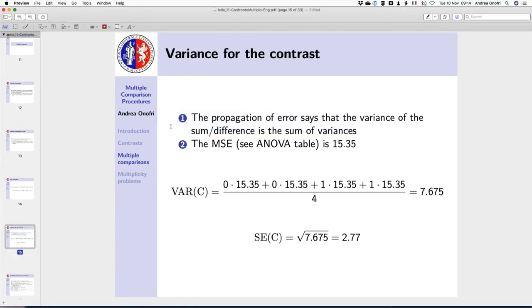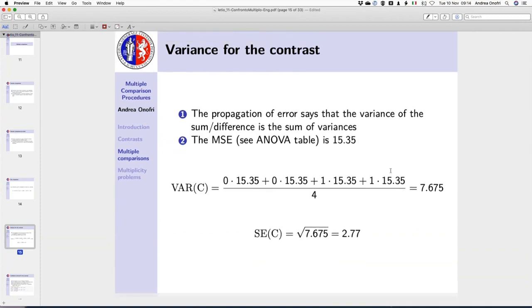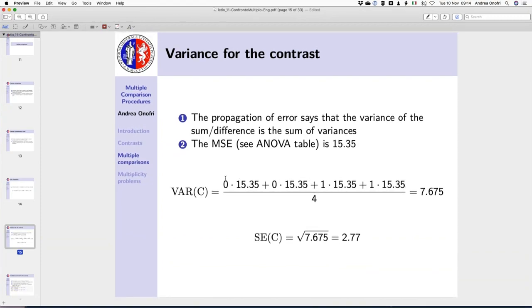Here in this slide, I did the same calculation, but I added all the variances for the other means, with the coefficient equal to 0, just to show you that this is the general way to calculate the variance for a contrast.